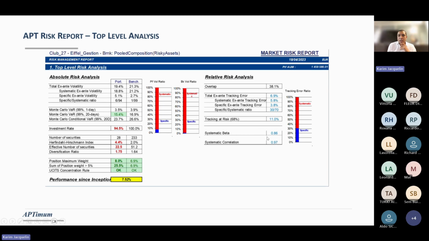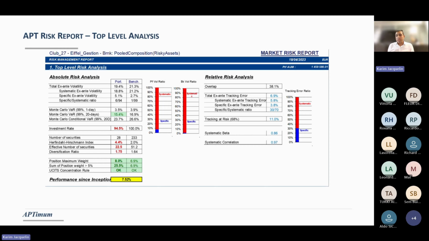And on the right part, you have the relative risk indicators. So first, it's the overlap. The overlap is the percentage of position in common between the portfolio and the benchmark. So if you have a 100% overlap, it means that you own the benchmark.